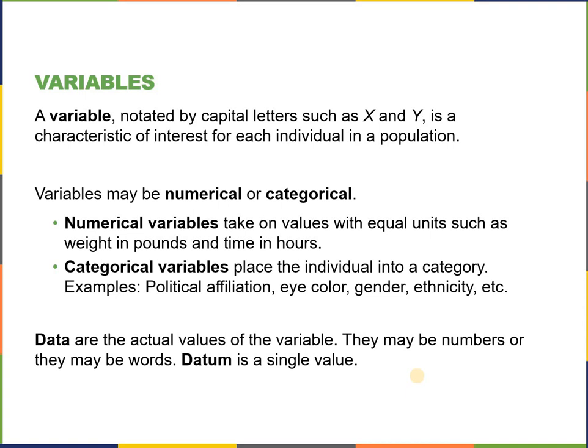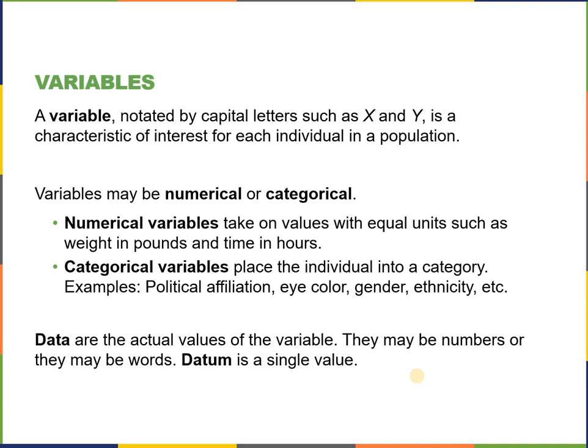That is a variable because it varies from one individual to another individual. I could identify the age as a variable, again, because it varies from one individual to another. I can identify another variable as the GPA of the student. I can identify endless variables about my students that I'm interested in. Those characteristics of interest we call variables.